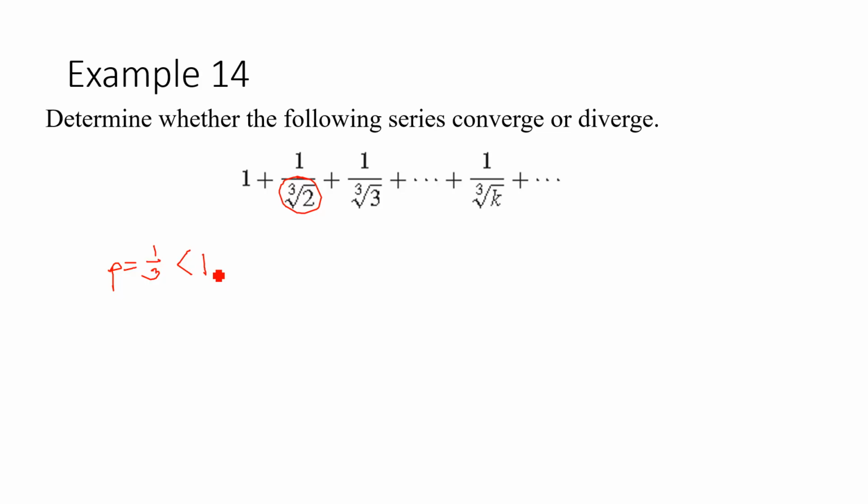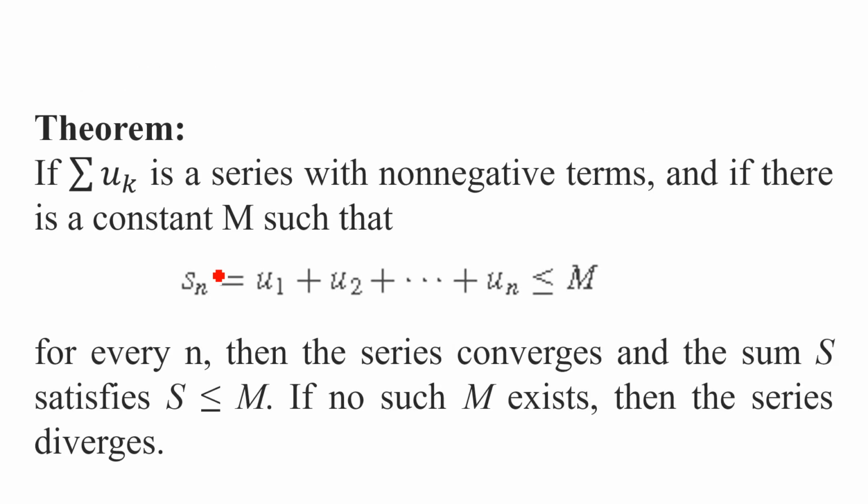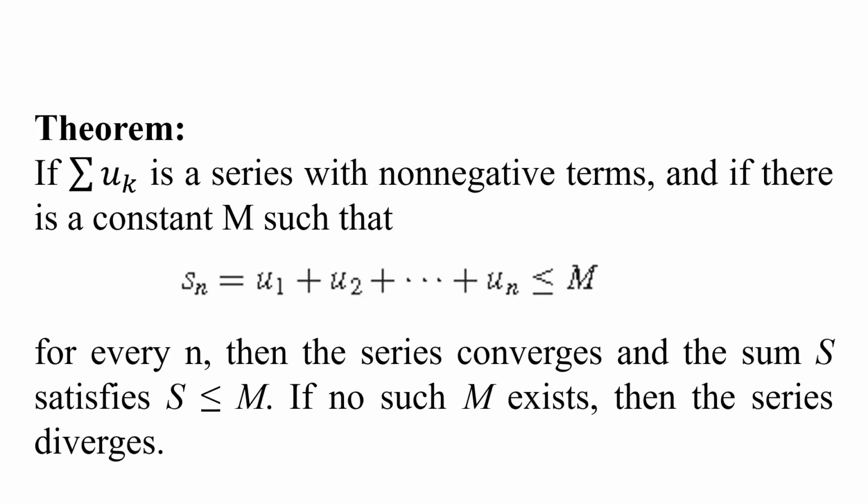If the summation of u sub k is a series with non-negative terms, and if there is a constant m such that the partial sum u sub 1 up to u sub n is less than or equal to m for every n, then the series converges and the sum s satisfies s less than or equal to m.